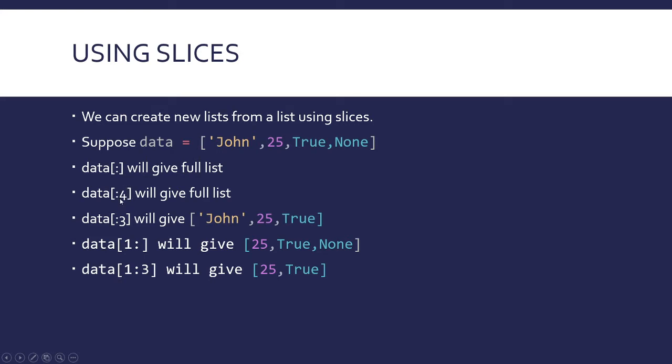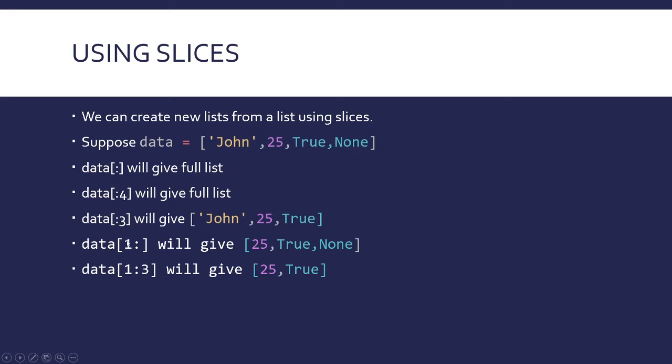The upper bound is not inclusive, but the lower bound is inclusive, like in the case of the range function in Python. If we give 4, it will actually count till 3, so 0, 1, 2, 3. It will not consider 4 as an index here. If we give 3, it will count till 2, because the last index is not inclusive.